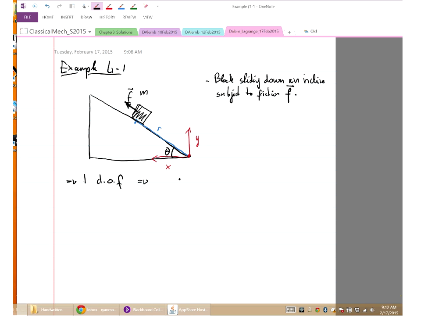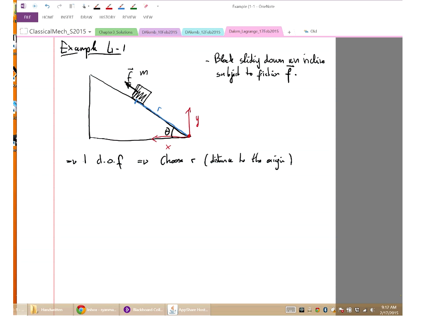So my 1 degree of freedom, I'm going to choose r as the distance to the origin. So that's the first step.